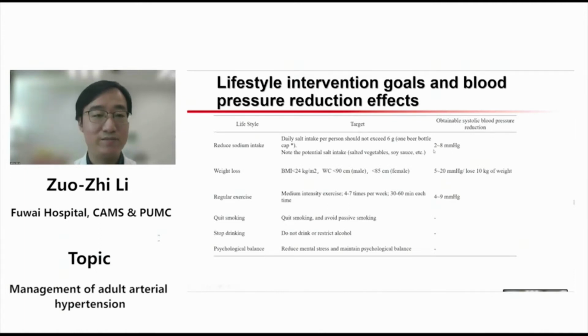Weight loss is also a very important lifestyle intervention. Every 10 kilos of weight reduction will help the patient reduce systolic blood pressure by 5 to 20 millimeters of mercury. And regular exercise may reduce systolic blood pressure by 4 to 9 millimeters of mercury.